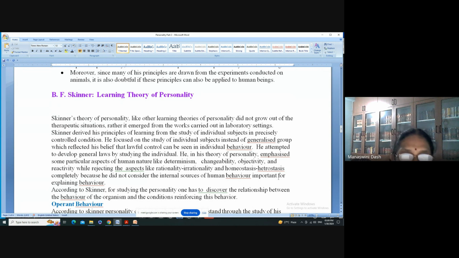His theory emphasized some particular aspects of human nature like determinism, that means behavior is determined by reinforcement; changeability, behavior can be changed; objectivity, behaviorists are always objective; and reactivity, while rejecting aspects like rationality, irrationality, homeostasis, etc. So he didn't consider the internal sources of human behavior.